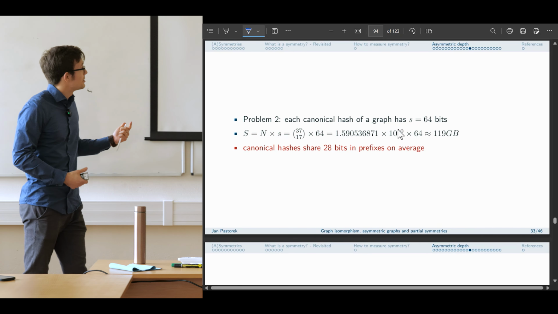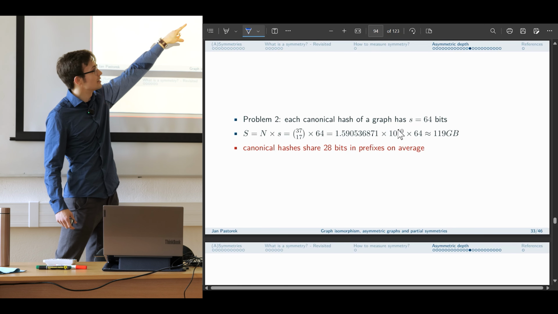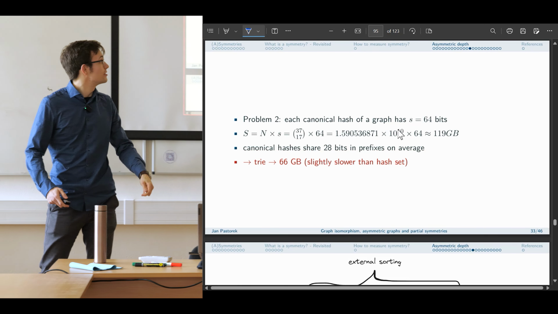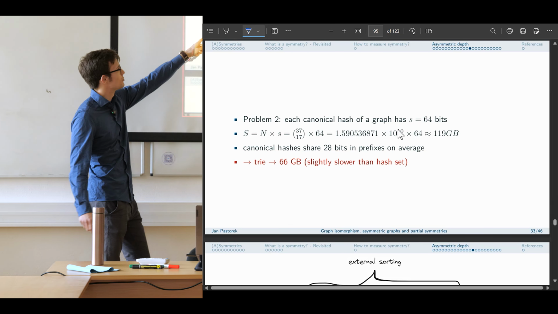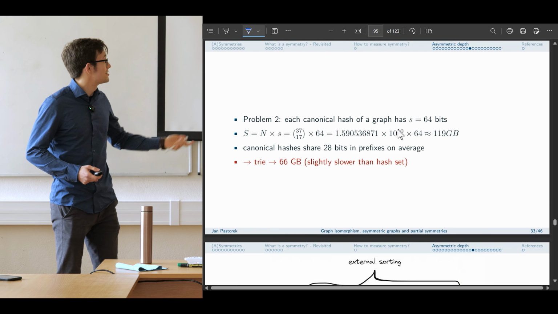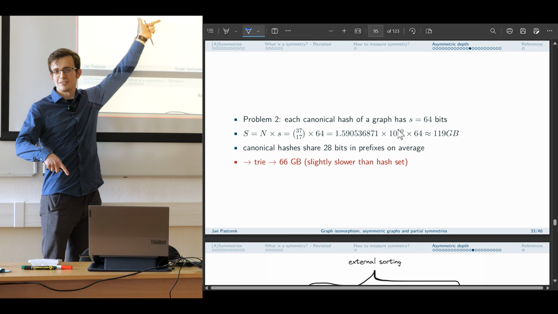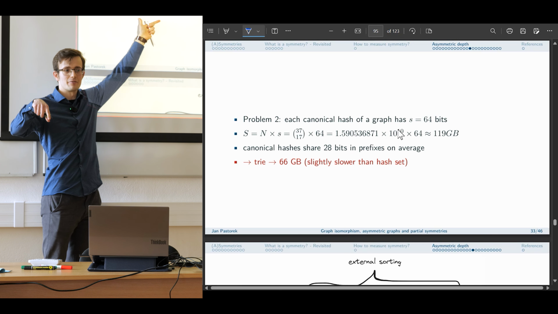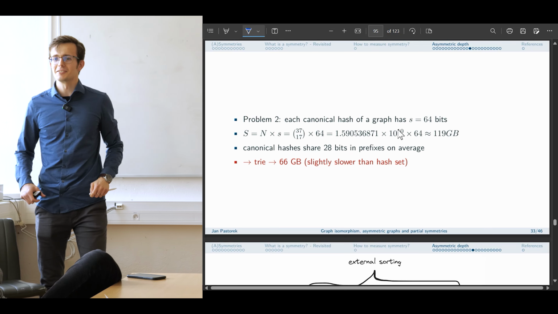But you are quite lucky because canonical hashes on average share 20 bits in prefixes. So you can use a trie data structure, and you reduce it to 66 gigabytes. But still 66 gigabytes, not even Jupyter has, right? Jupyter is the departmental server. It has 64 gigabytes. So that was the reason why the server dropped.